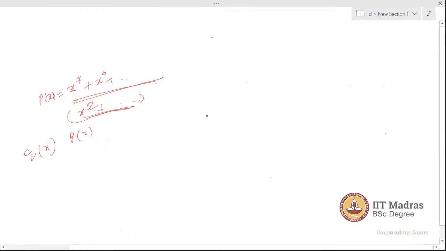So now you see when you have a graph something like this, okay? Let's say this is 2, 3, 4, 5. Now strictly increasing means what?